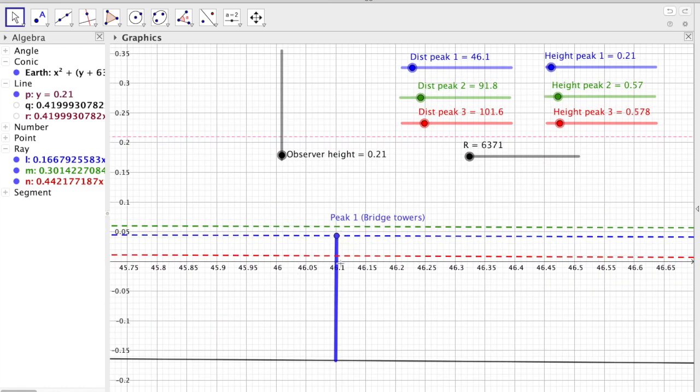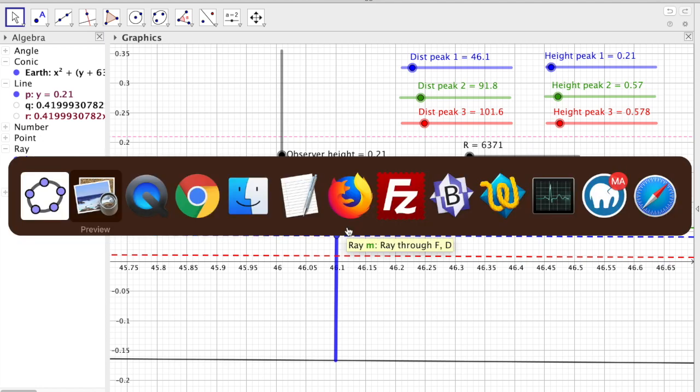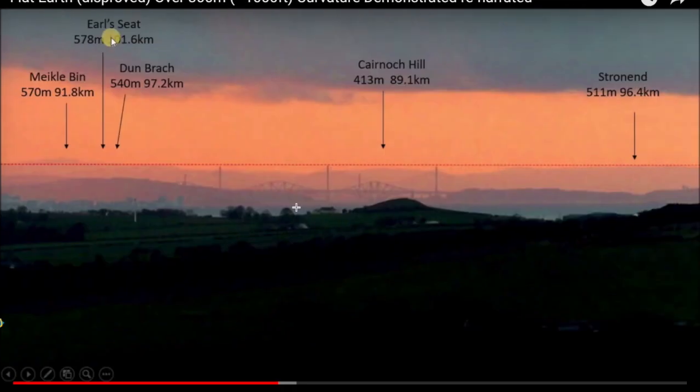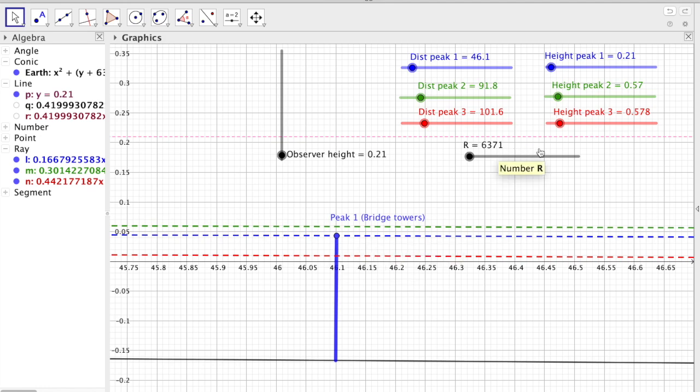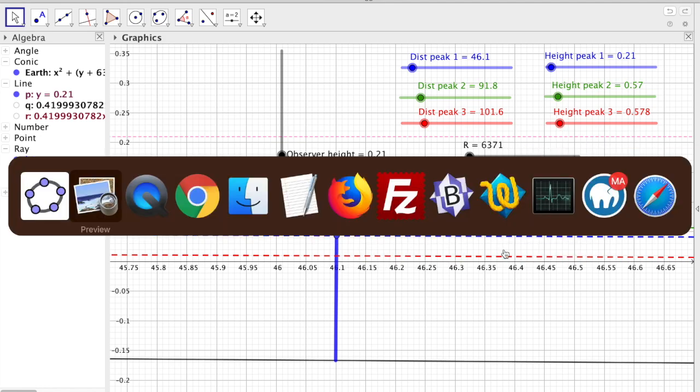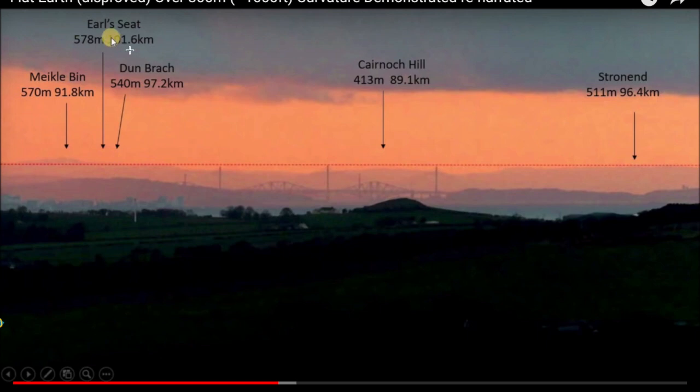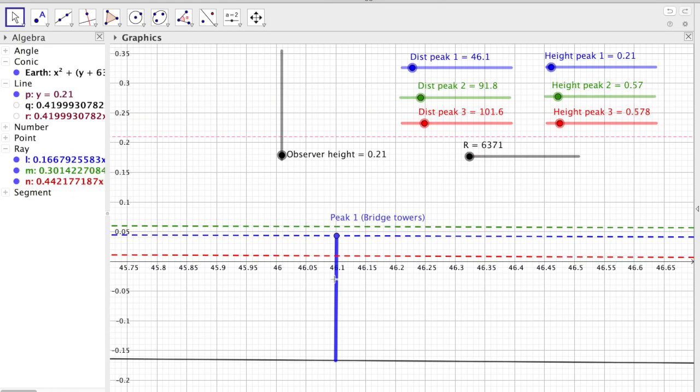Okay, so here we already see that this kind of matches the photograph. The green line is peak number 2, Michael Bin here, which we see in the photo is also above the line. And the red line is to Earl's Seat, which we see is just maybe a little bit under the line. We'll look at that later.